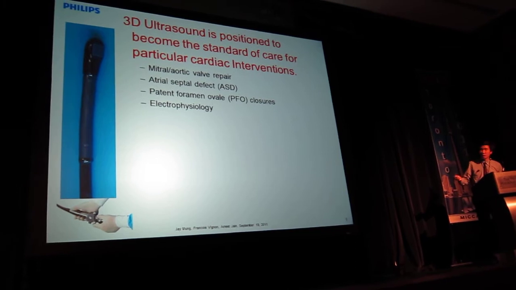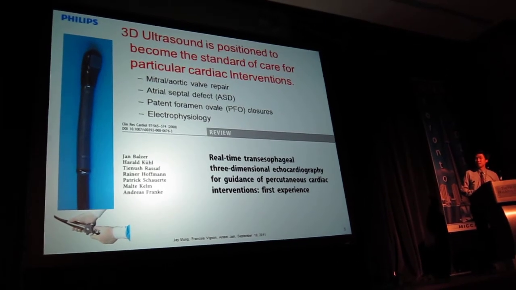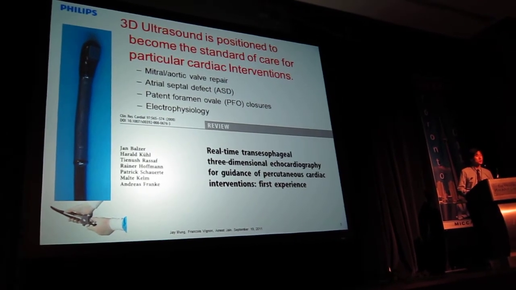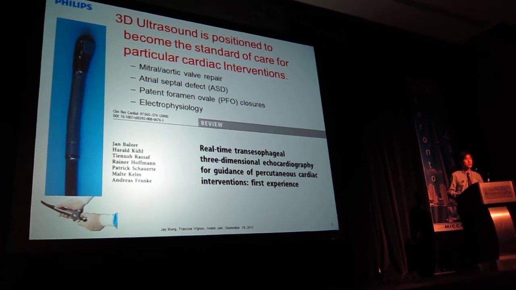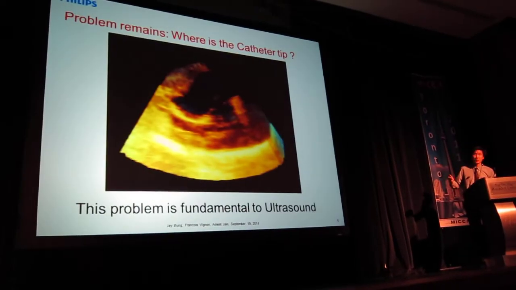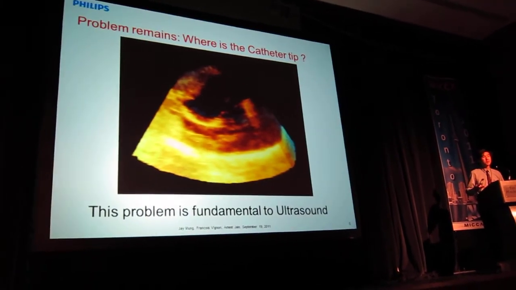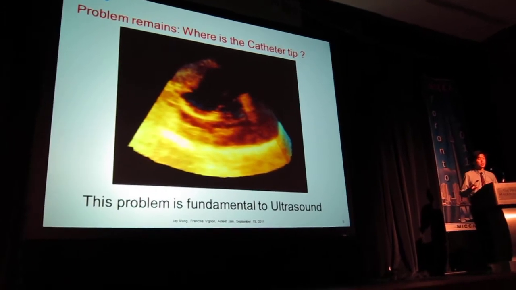In 2008, Balzer et al. detailed their experiences using this 3D ultrasound in a number of different cardiac interventions. But the problem is still there. Even if you have this nice 3D ultrasound visualization, the catheter tip is hard to see.